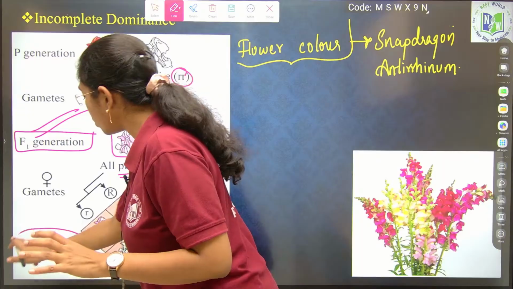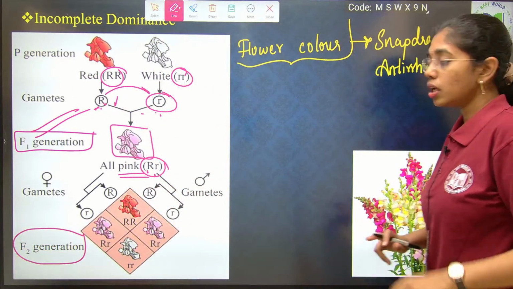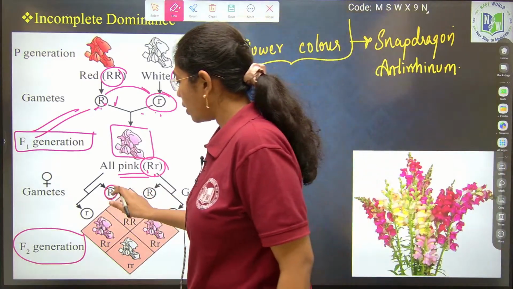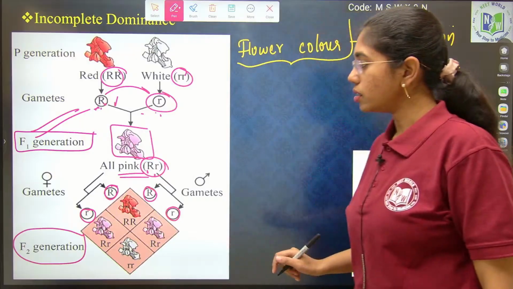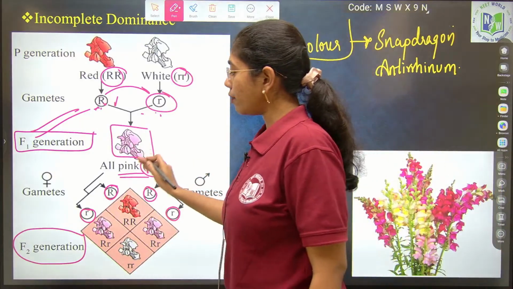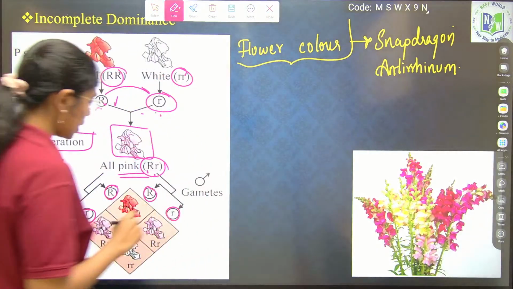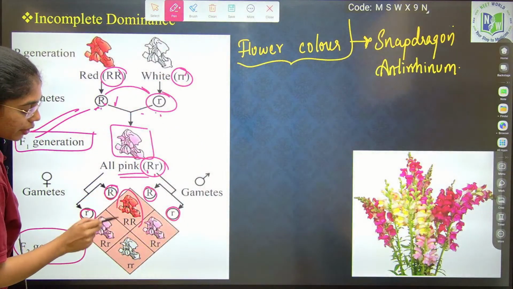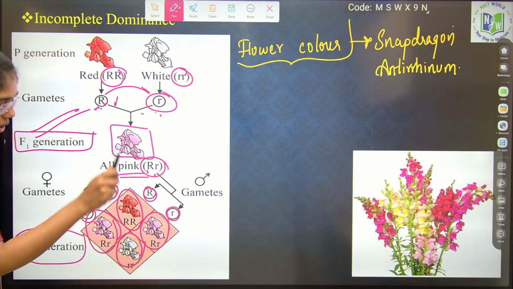In F2 generation, on selfing of F1 generation, in a Punnett square you can clearly observe one will be dominant phenotype, two will be of intermediate phenotype and one is recessive.